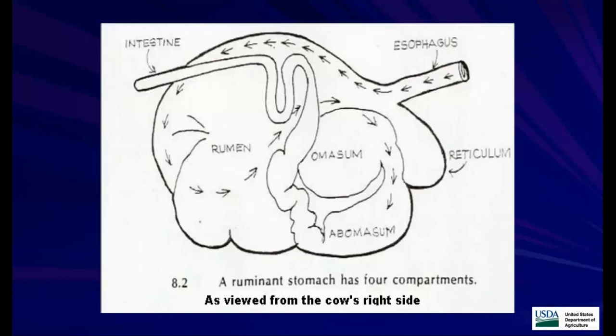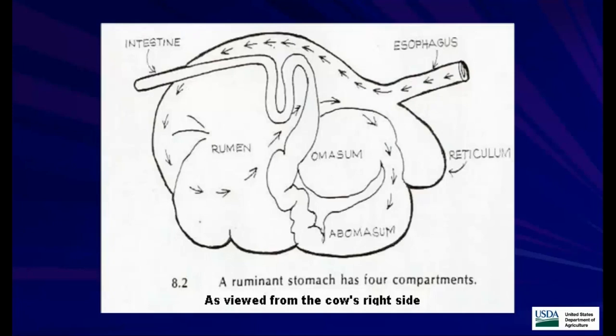The reticulum is a little pouch at the front of the rumen. That's where the cud comes from. All of our ruminant animals chew their cuds. So solids that can't be broken down by the bacteria end up in the reticulum.